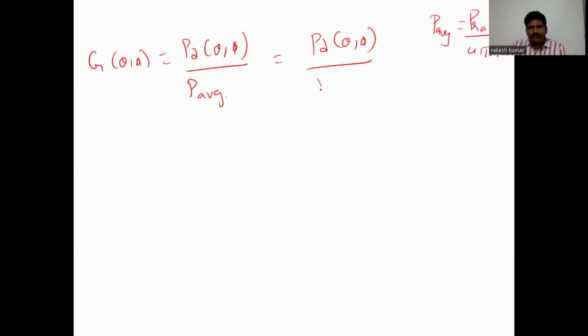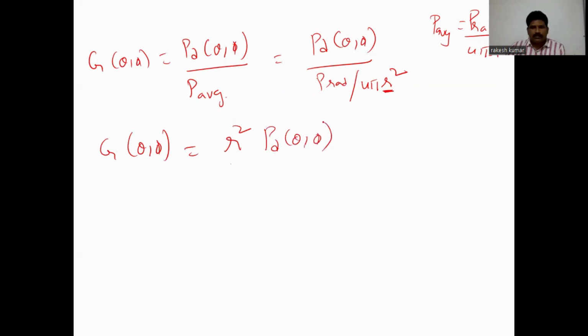Simply substitute it here. So G of theta comma phi equals r square into PD of theta comma phi by, in the denominator, P radiated by 4 pi.